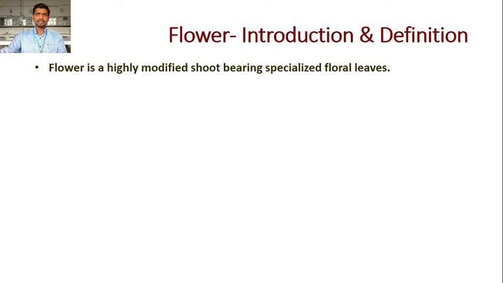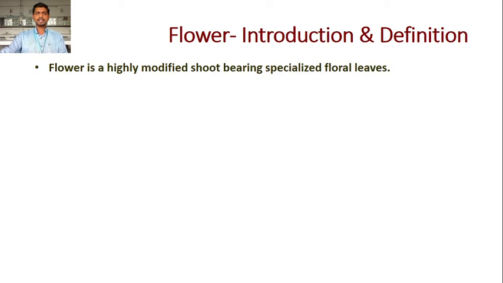So first is the introduction and the definition of the flower. The flower is a highly modified shoot bearing specialized floral leaves. These specialized floral leaves are calyx, corolla, androecium and gynoecium. It is a highly modified shoot.